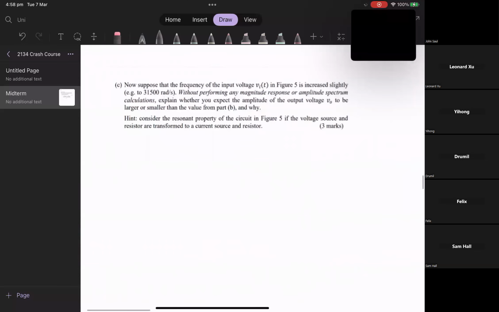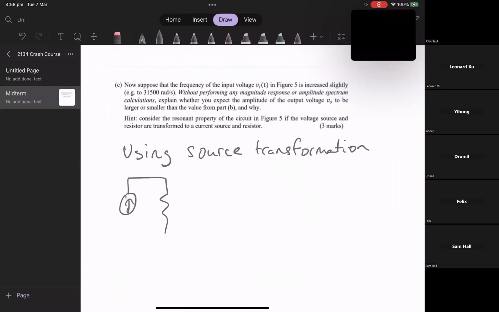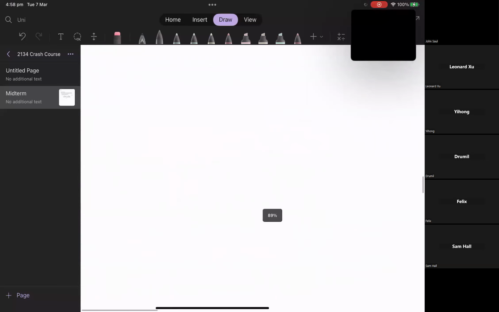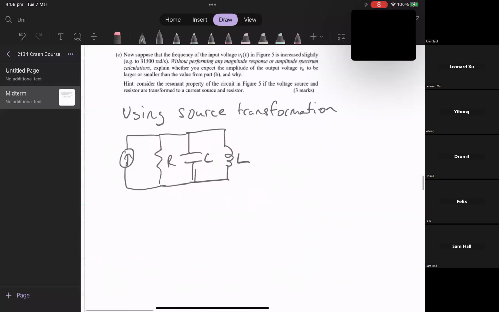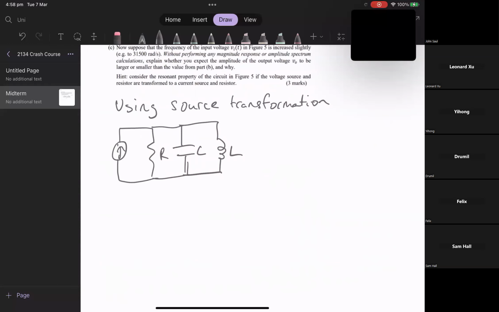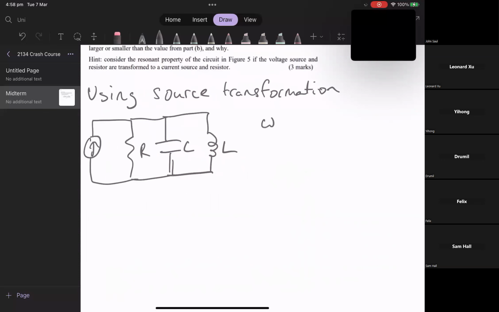So, yep. Yep, so we just have a simple parallel resonance circuit, and you can find in your lecture notes or the formula sheets that our resonant frequency will be 1 on root LC.